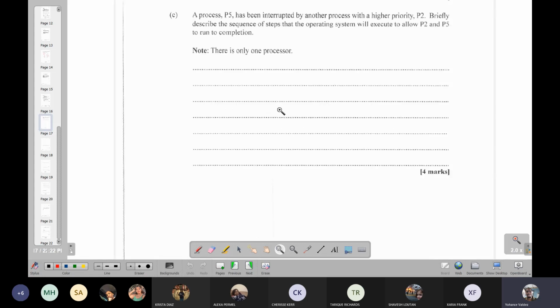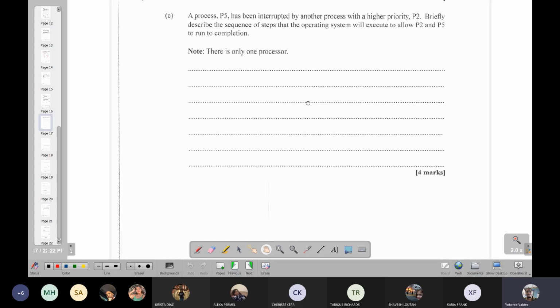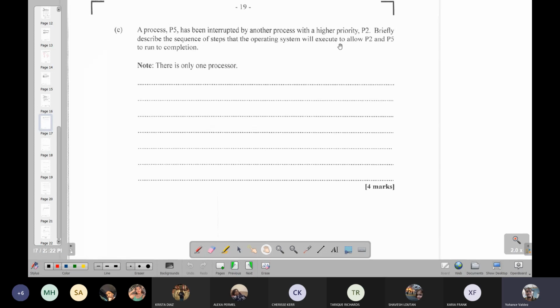Because I would start off each question like this: a process, P5, has been interrupted by another process with a higher priority. Briefly describe the sequence of steps that the operating system will execute to allow P2 and P5 to run to completion. There is only one processor.